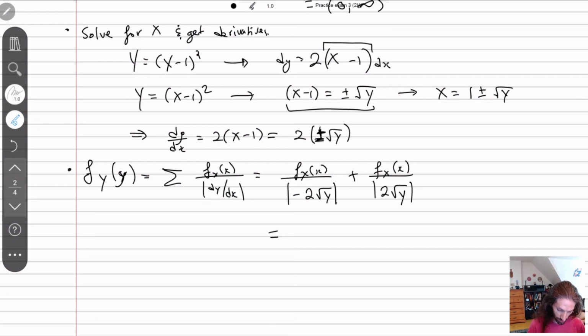At this point, we notice how the absolute values are going to disappear. And so we end up getting 2 f sub X of x over 2 square root of y. So in other words, you have f sub X of x over square root of y.